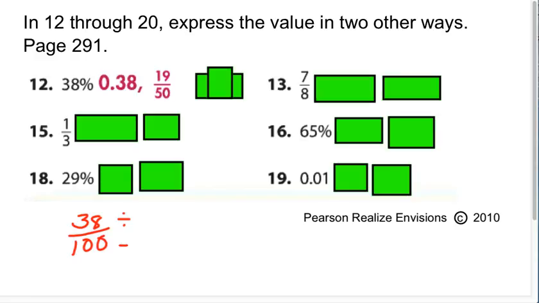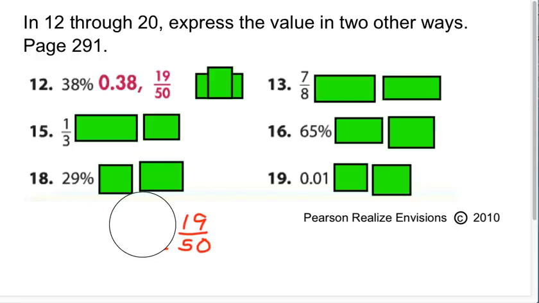So we divide both 38 and 100 by 2, and we get our simplified fraction, which is 19/50ths.